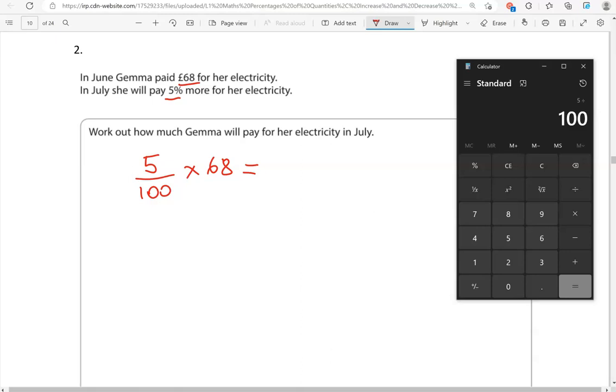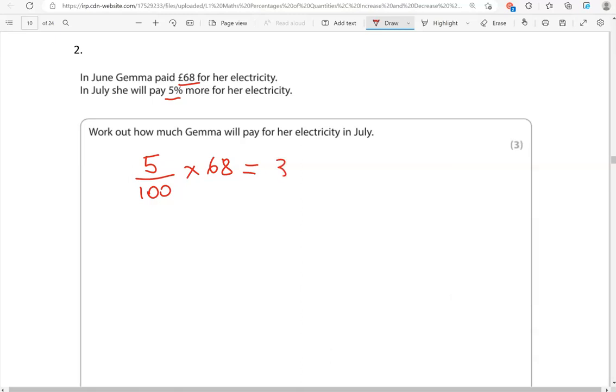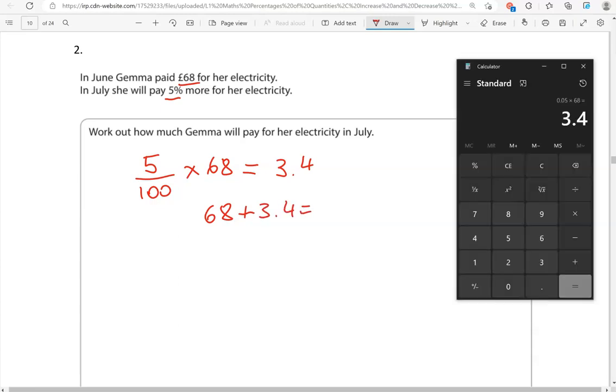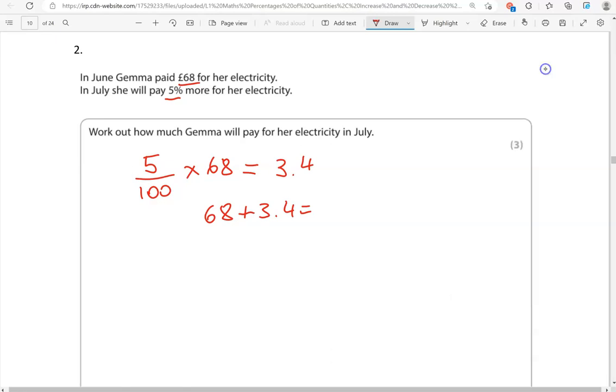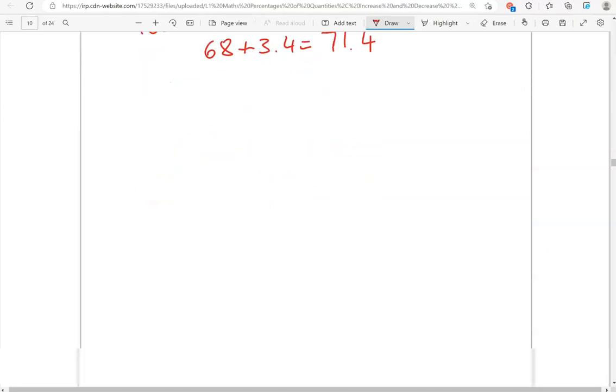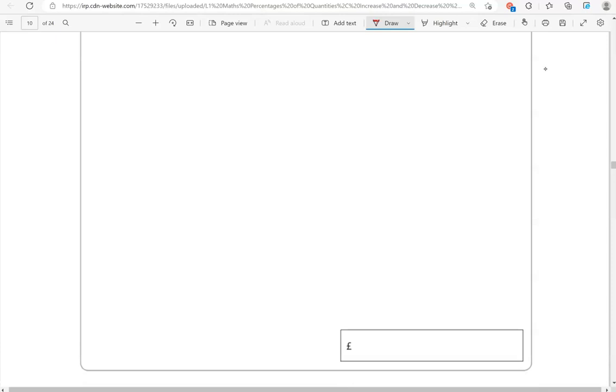So 5 divided by 100 times 68, which is 3.4. We'll add that on top of the 68, as we said earlier. Gives us 71.4. In terms of money, that is £71.40.